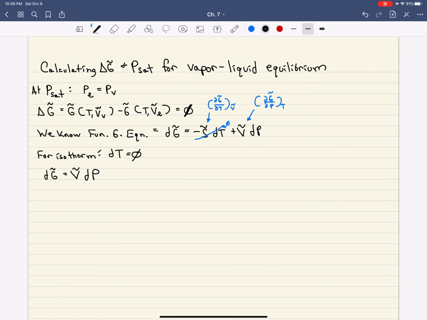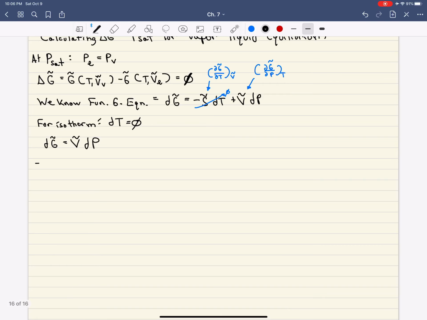Okay? And so what one could do, similar to the strategy that we've employed before, is to figure out delta G, we could just integrate whatever's left of the fundamental equation. All right, so we'd be integrating, just in general, from some P1 to P2.